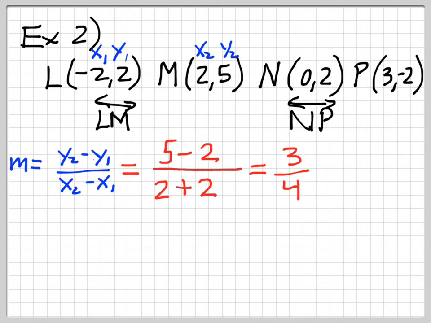Okay, now I'm going to do the same thing for line NP. I'm going to call this x1, y1, x2, y2.